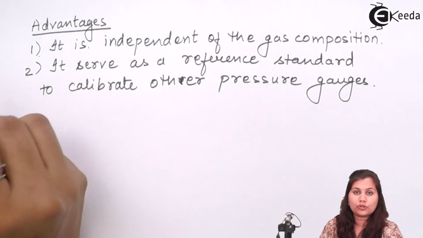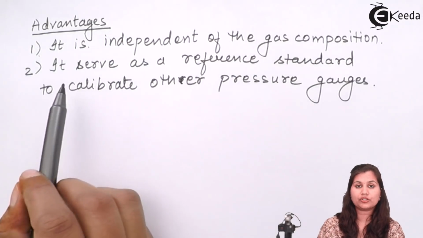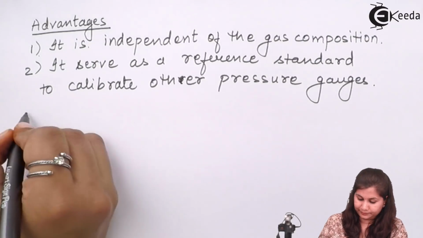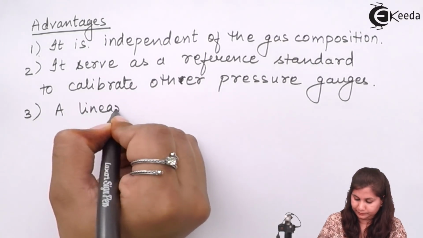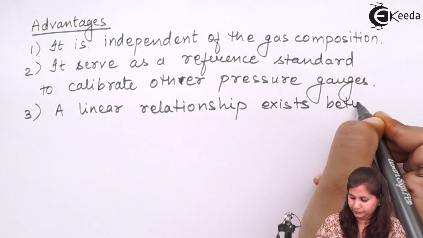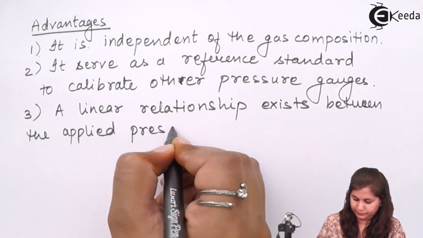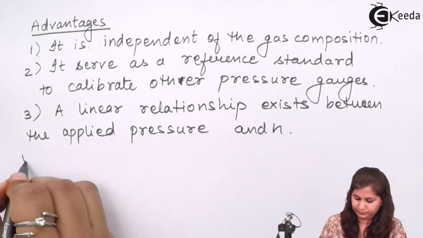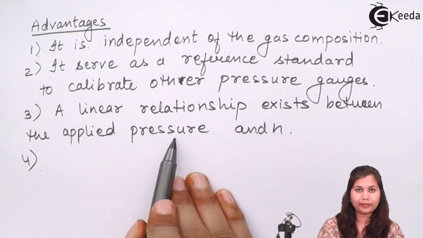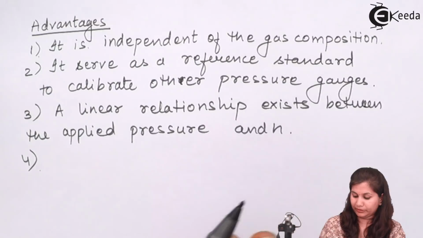The McLeod gauge is also used as a calibration standard or reference standard to calibrate other pressure measuring gauges. Also, there is a linear relationship between the applied pressure and the height of the measuring capillary.